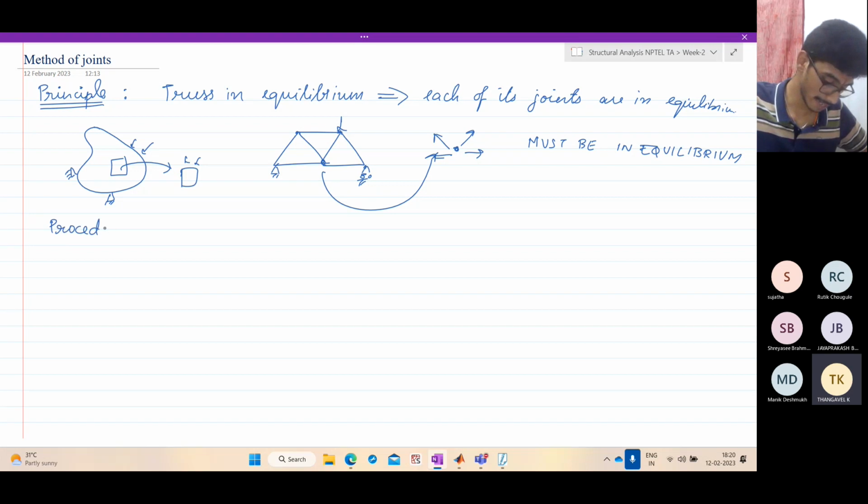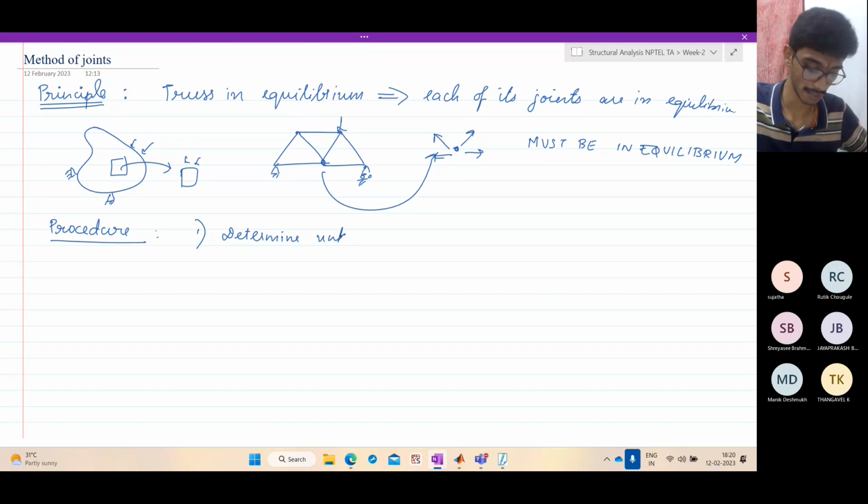I'll just quickly get to the problems because we have big problems today. So the first step is to determine the unknown reactions. Whenever you're given a statically determinate truss, you can always determine the unknown reactions.